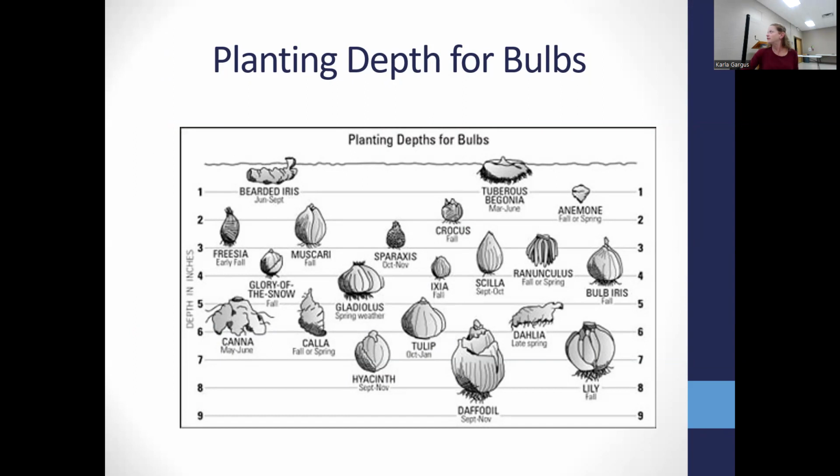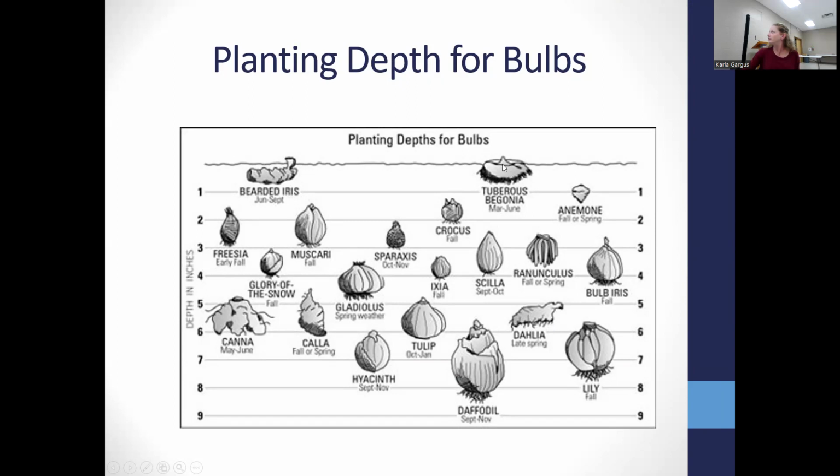So if you have a larger daffodil, you could be putting it as far as 8 inches into the ground. Okay, it just depends on the size of the bulb itself. So this chart, I believe you all have in your book. Your dahlias don't need to be too far down. That almost looks too far down for a dahlia to me. Ranunculus is going to be closer to the surface.